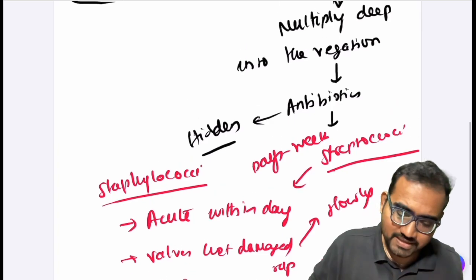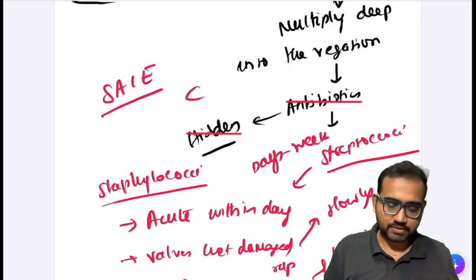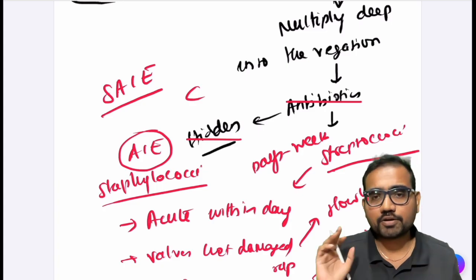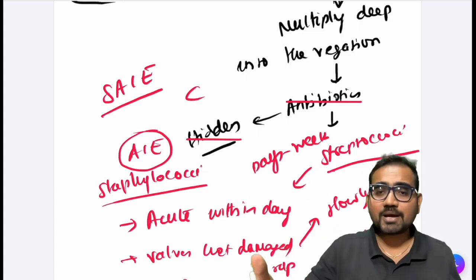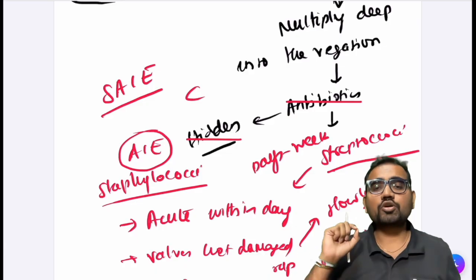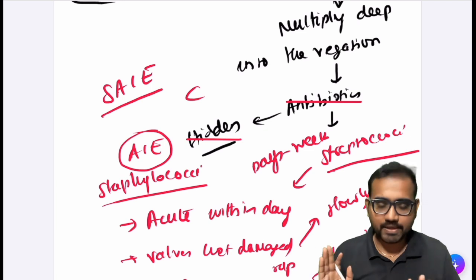I'm going to call this subacute infective endocarditis. This is acute infective endocarditis, and this is subacute infective endocarditis. The organisms involved in subacute infective endocarditis are streptococci, Viridans group of streptococci, and the organisms involved in acute infective endocarditis are staphylococci. So you will be very clear on it.